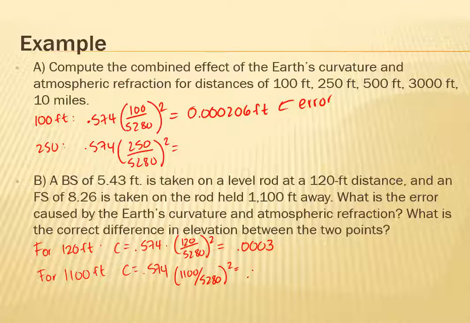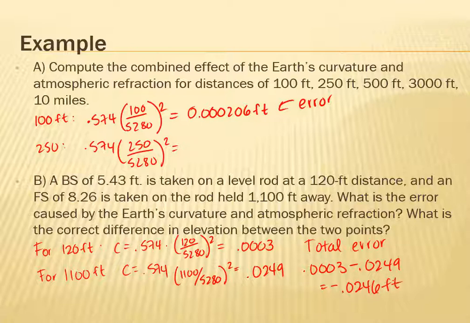This is 0.0249. So the total error is 0.0003 minus 0.0249. So this is negative 0.0246 feet.